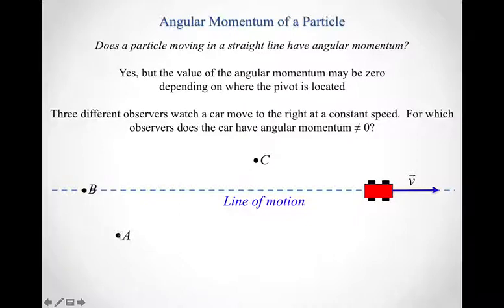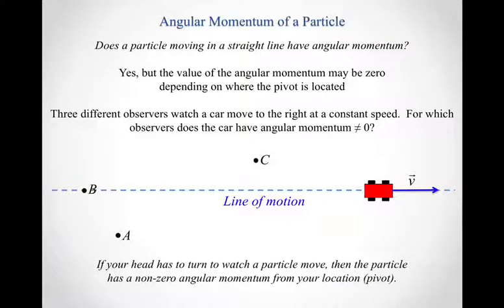If you're sitting at point A or point C, if you're one of the observers at either of those two places, to watch this car drive past, in some sense, you need to turn your head to watch the car move. So what that's indicating is that because you need to turn your head to watch the car as it drives in a straight line, that means that from your location where you are choosing to put the pivot, that particle is going to have a non-zero angular momentum.